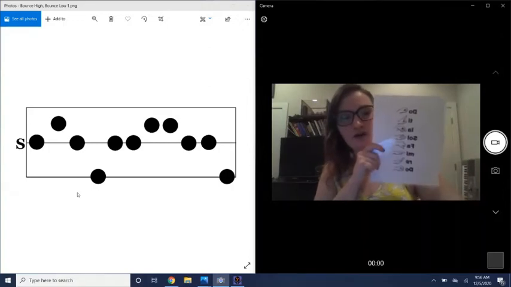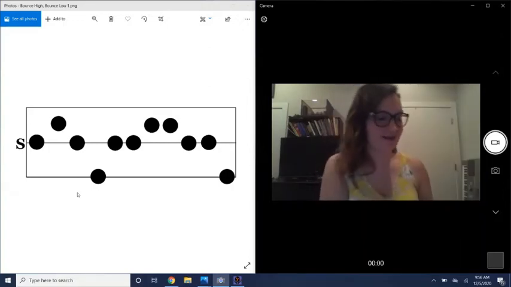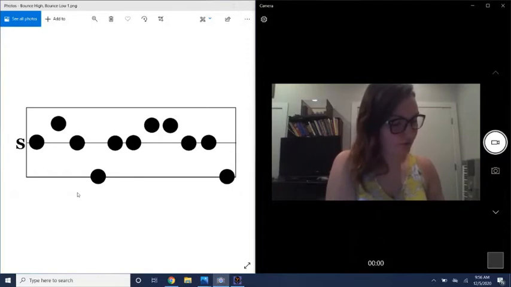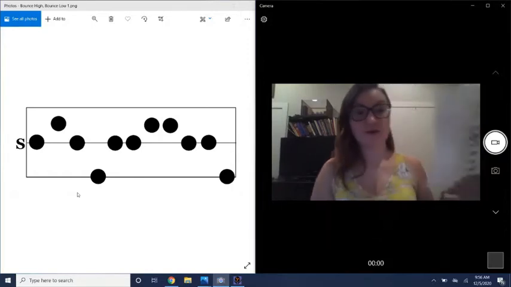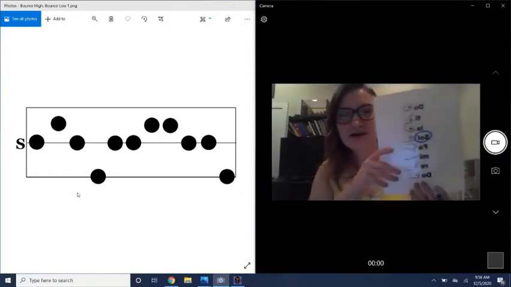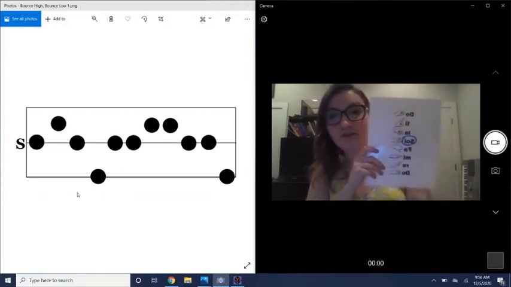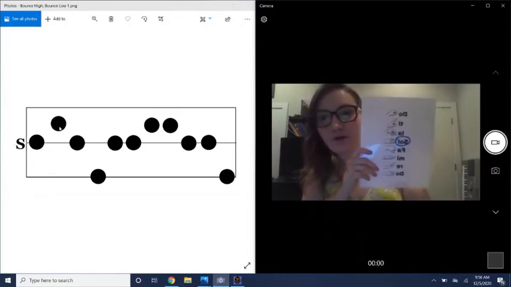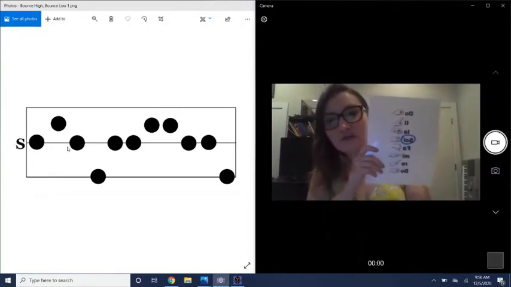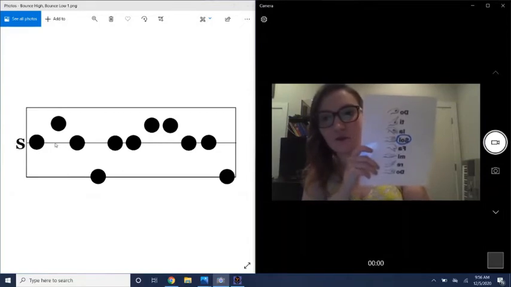If you are saying that the S stands for sol, you are correct. If we remember correctly how to read our staff here, then we can figure out what this next pitch is, just because we know the middle line is sol.